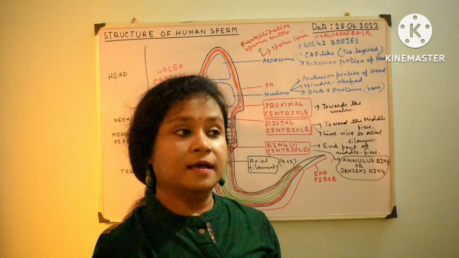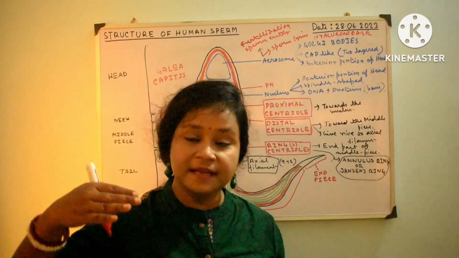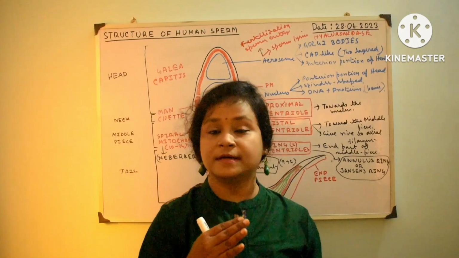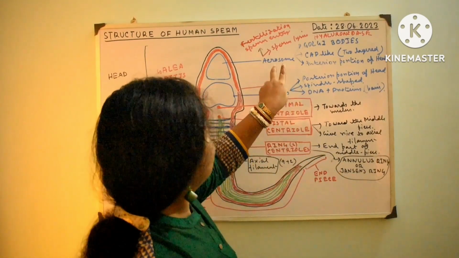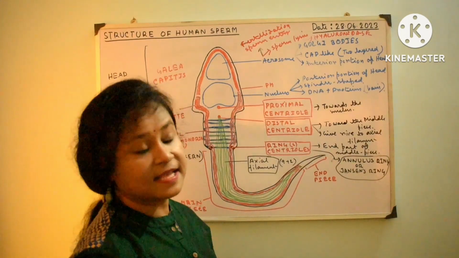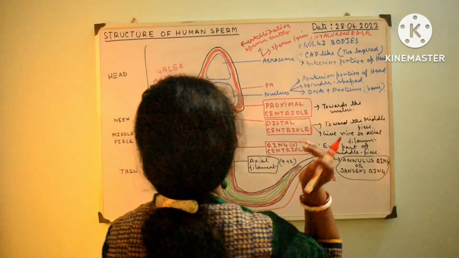All of you know that the ovum has several layers. When the sperm is going to enter the ovum, the first penetration is done by the hyaluronidase enzyme released from the acrosome portion of the sperm. Come to the next portion.